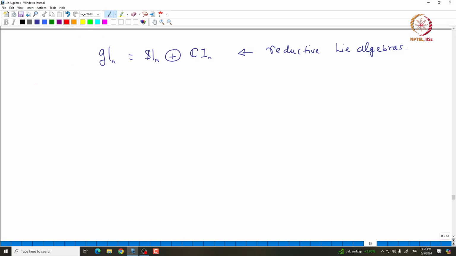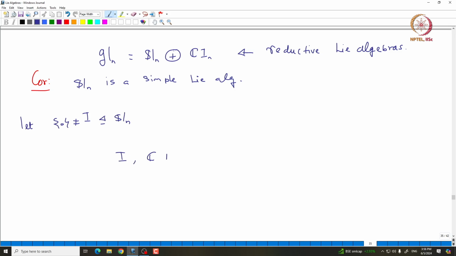Now, as a corollary we have the following result: SLN is a simple Lie algebra. Again it is just a one line proof. Let us start with I being an ideal inside SLN, a non-zero ideal. Now I commutes with I_N, because I_N is the identity matrix.